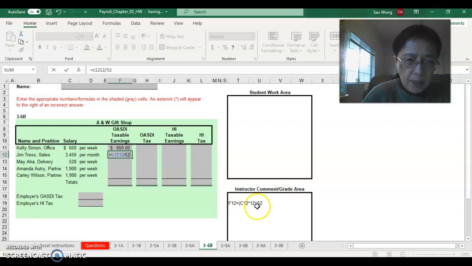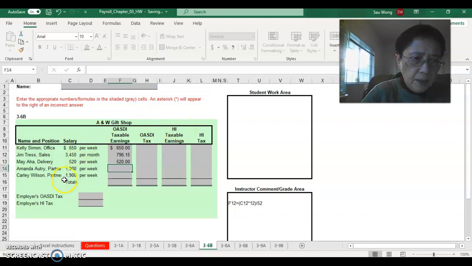We need to gross it up and then divide it by 52 weeks in a year. C12 times 12 divided by 52. And then this is also per week, so equal to C13 per week.